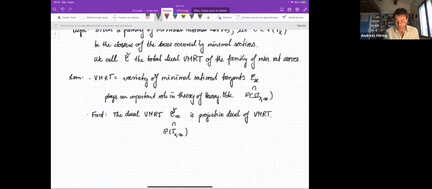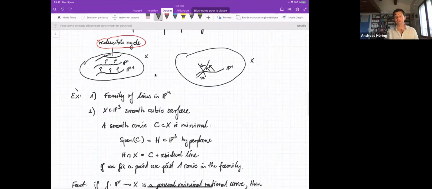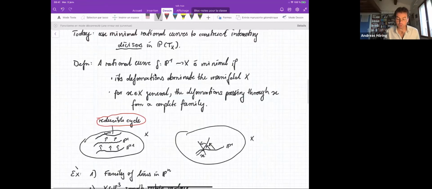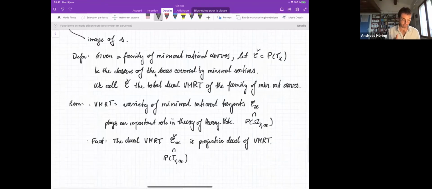I announced that I am interested in constructing interesting divisors in the projectivized tangent bundle. And this construction of the total dual VMRT does not always yield a divisor, but very often.